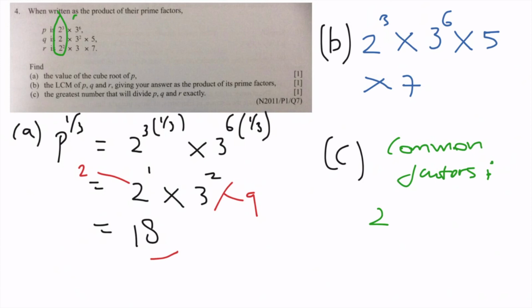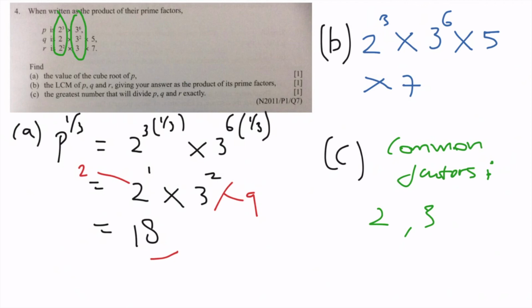How about 3 over here? If we look at the second column, we realize that 3 is also a common factor, correct? It's not 3 squared, as R is only 3 to the power of 1. It's also not 3 to the power of 6, because it's only contained in P but not in Q and R. How about 5?